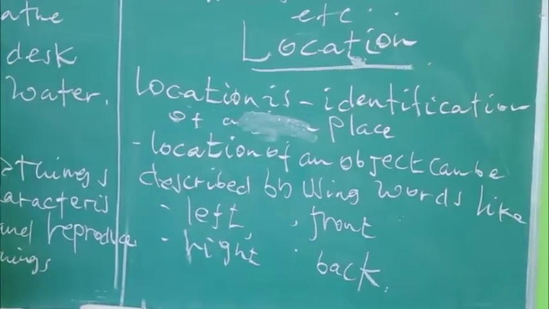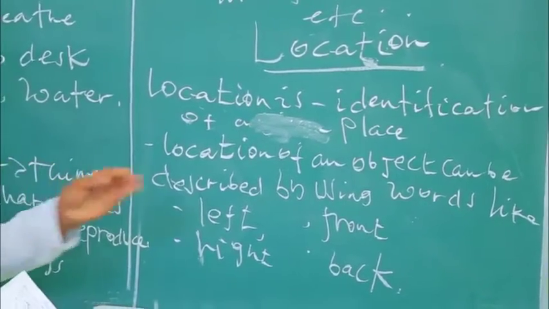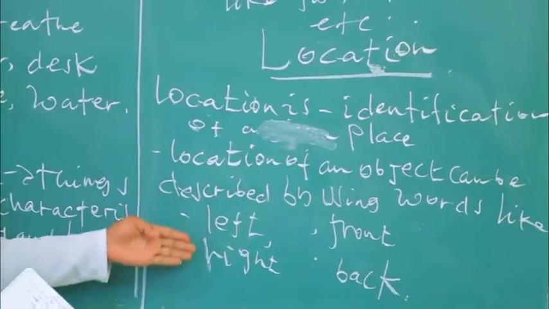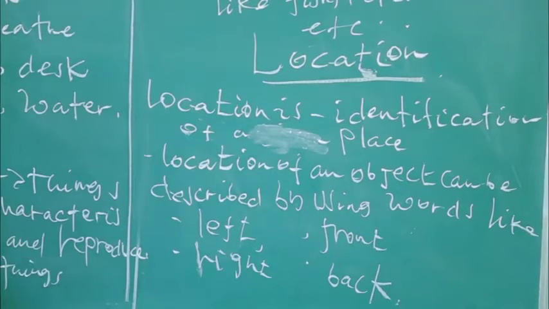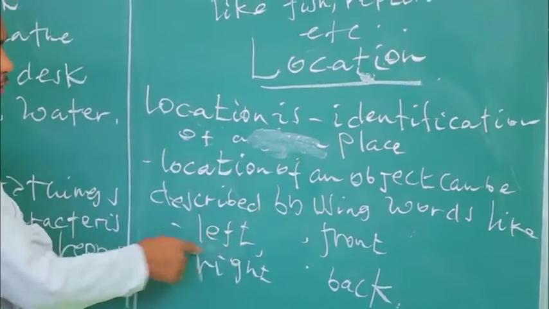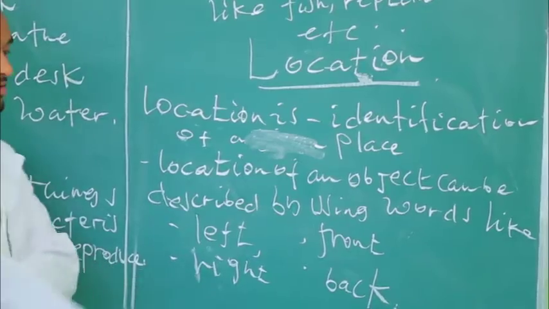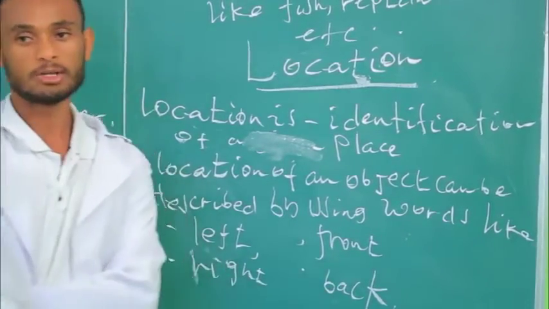Students, you can locate a given object by using these four types of description: the word left, the word right, the word front, and the word back.